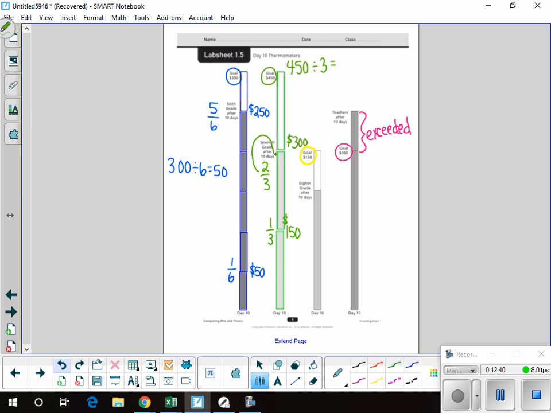For every $150 that the 7th graders plan to make, the 6th graders. Let's do this. Let's just keep with the 7th graders. So for every 1/3 the 7th graders raise, how much money would that be? 150. Yeah, so for every 1/3 you would add 150.